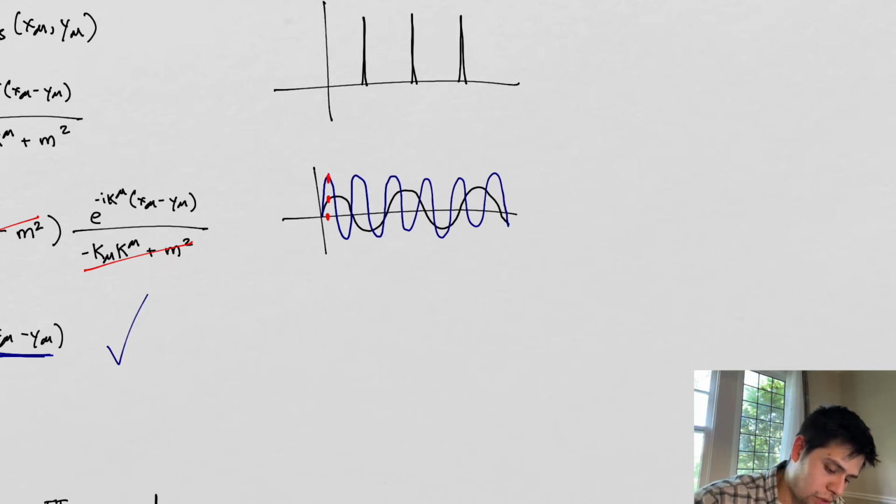When they add up, we get a value that might be up here. Then say right here, we add these two values together on the black and the blue lines, and we might get a value right here.